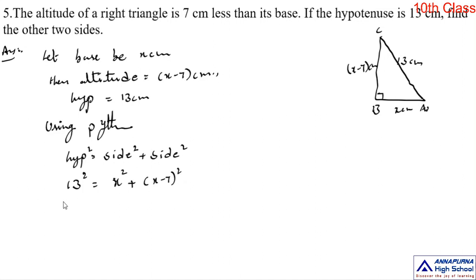Now simplify this equation. 13 square is 169, equal to x square plus x minus 7 whole square, that means (a minus b) whole square. That implies x square minus 14x plus 49. Okay, so 169 is equal to x square plus x square, 2x square minus 14x plus 49.